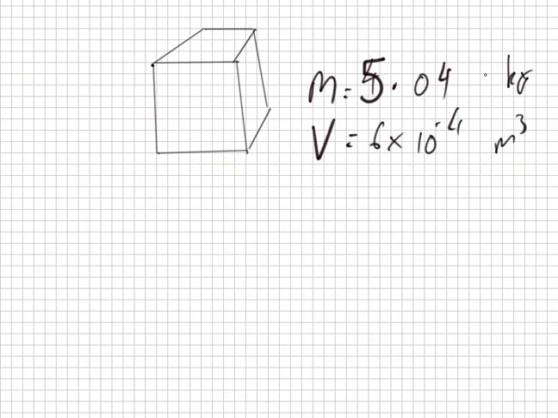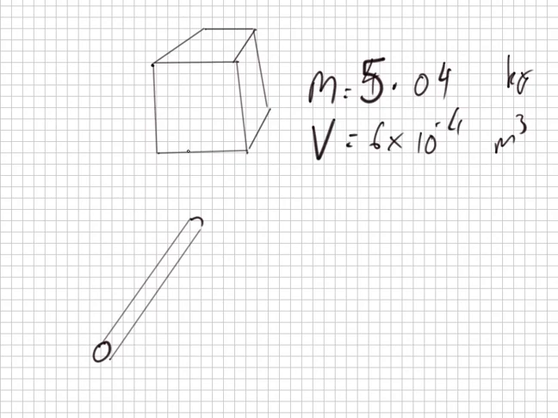So what you need to picture now is you take this, you melt it down, and you turn it into a long wire. In both situations, the mass will be the same, right? You're not losing any mass.